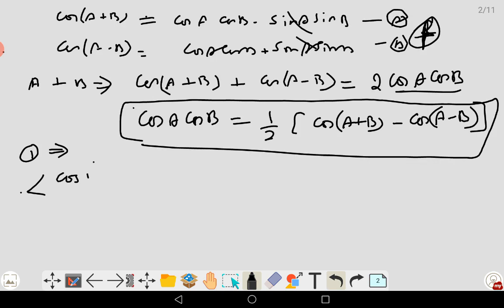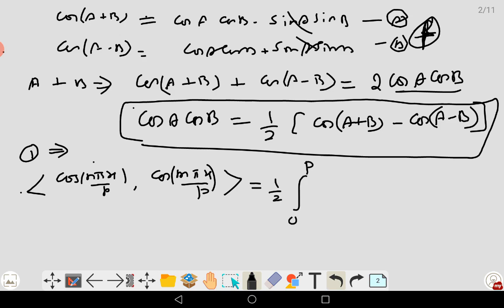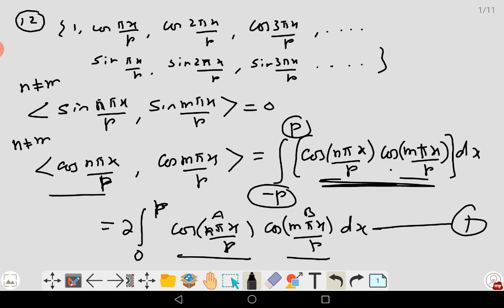The inner product of cosine n pi x over p, comma, cosine m pi x over p is equal to 1 over 2 integral 0 to p. Now use this one instead of cosine a cosine b. Go here: cosine a plus b.